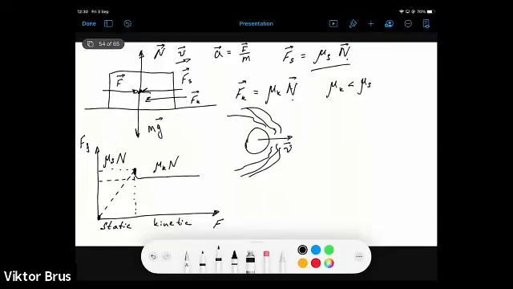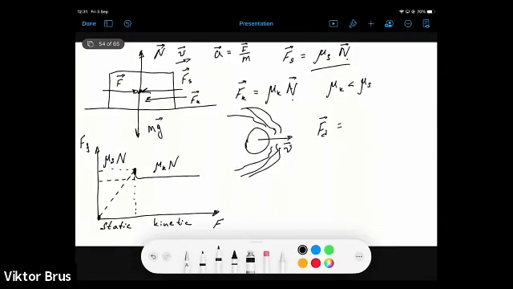For low velocities, when velocities are not very high, we can write that the drag force, and this drag force is always oriented opposite to the velocity vector, which is also true for the kinetic friction force. So it's always oriented in the opposite direction to the velocity vector.